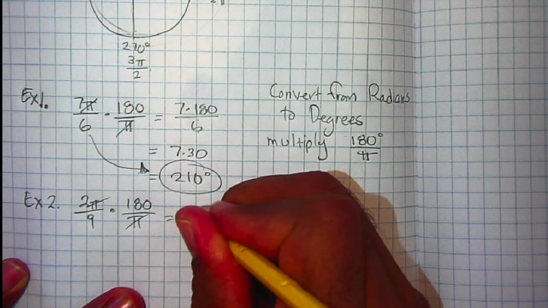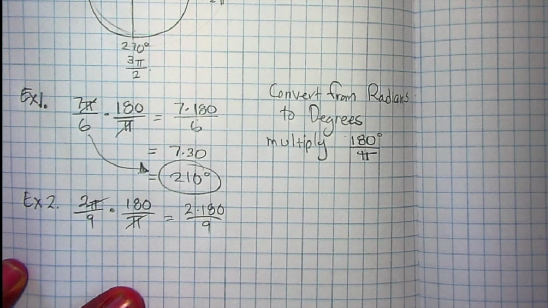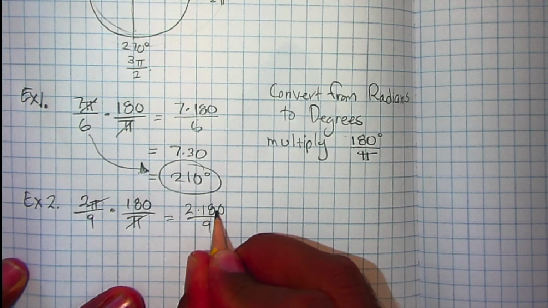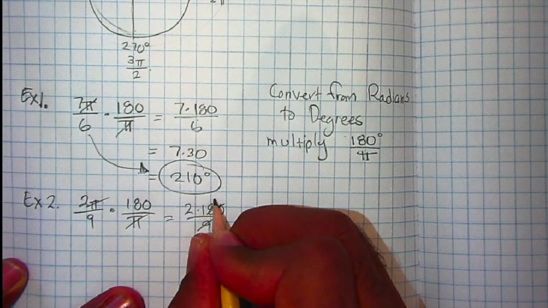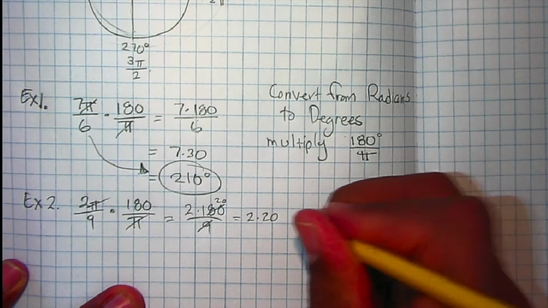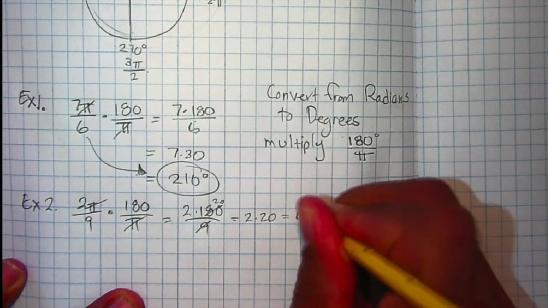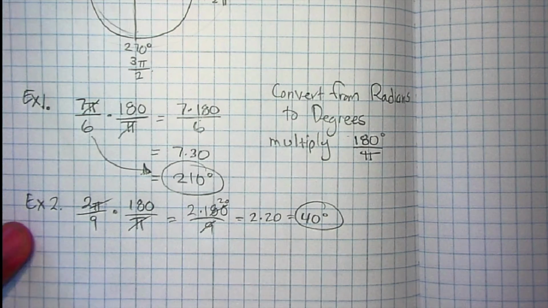Now it's 2 times 180 over 9, and I'm going to simplify it like I did last time. 180 divided by 9: well, 18 divided by 9 is 2, so this is 20. So this becomes 2 times 20, which is 40. So 40 degrees.